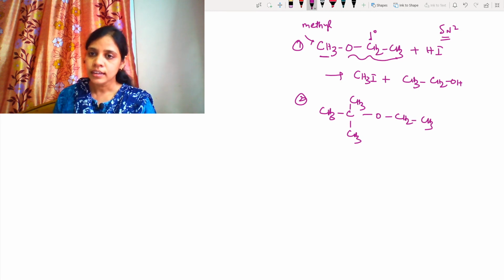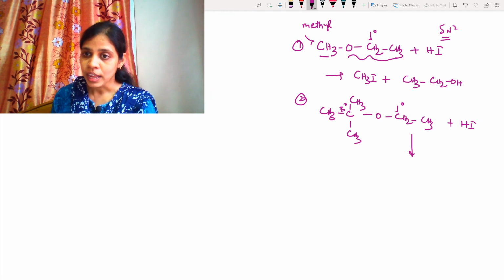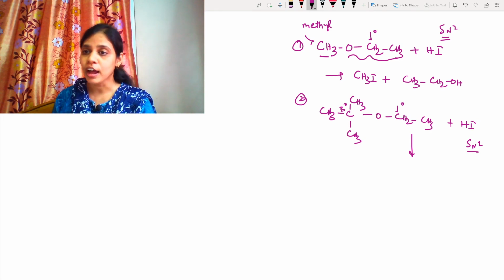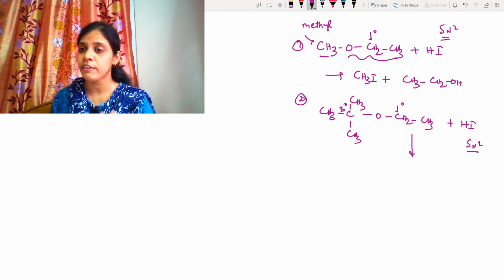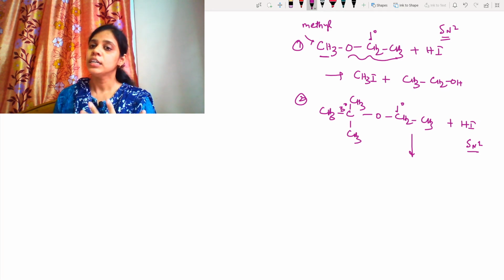Next one, if I take this type of ether, see, this one is a primary halide and this one is a tertiary halide. When it reacts with HI, does it follow SN1 or SN2? It follows the SN1 mechanism. In the SN1 mechanism, the nucleophile, that is I minus, always prefers the tertiary carbon, because the intermediate is a carbocation, so the nucleophile always prefers the tertiary carbocation.